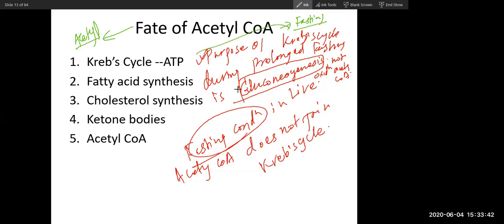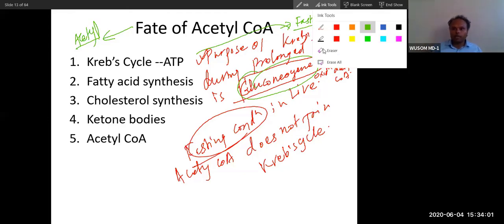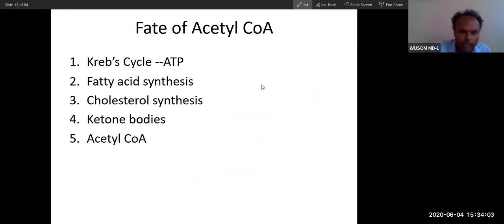Gluconeogenesis, not oxidation of acetyl coenzyme A. Remember, the purpose of the Krebs cycle changes according to context, according to whether we are in fed condition or fasting condition. That is why this is called an amphibolic pathway, but the purpose changes. If you understand this, you will understand the Krebs cycle easily.